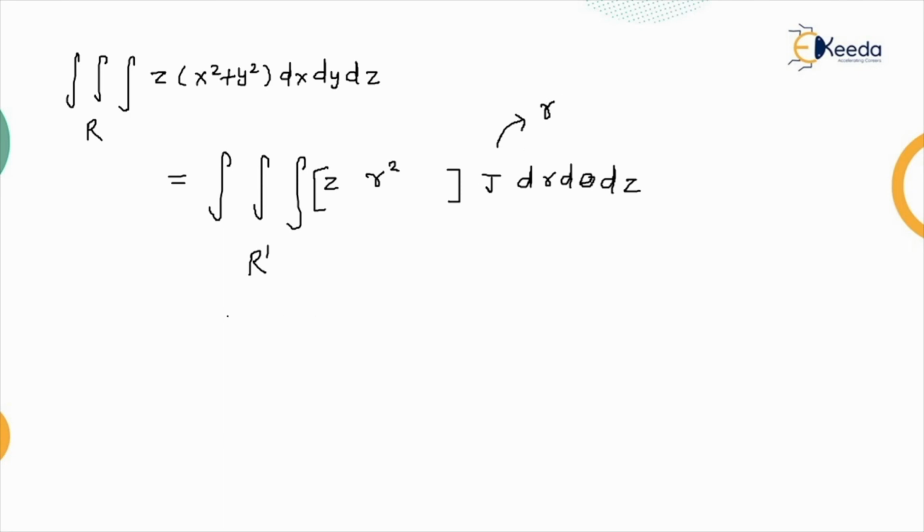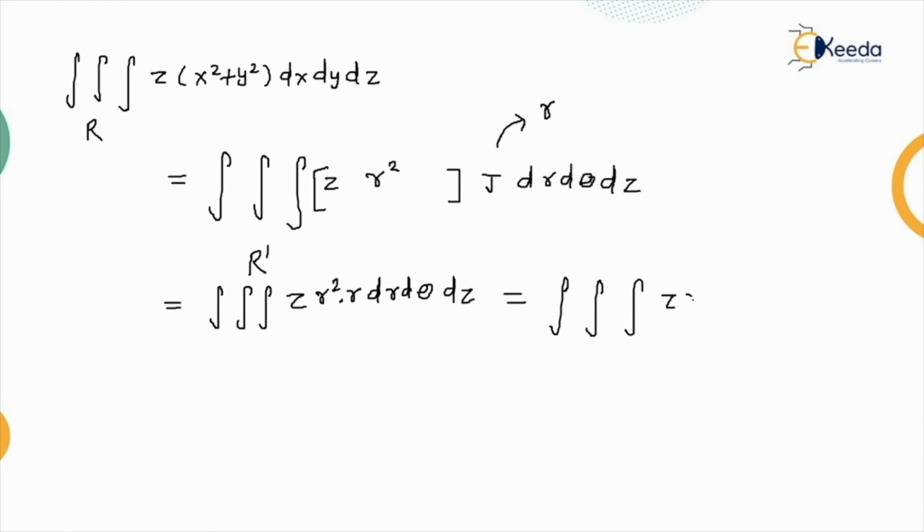So now this limit becomes r dash having a triple integration, and you write z and r square, and this is equal to r square into r, having dr, d theta and dz. Further, you can write the triple integration of z times r cube, dr, d theta and dz.